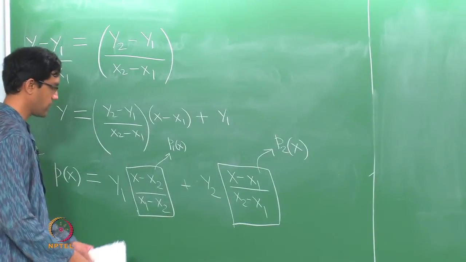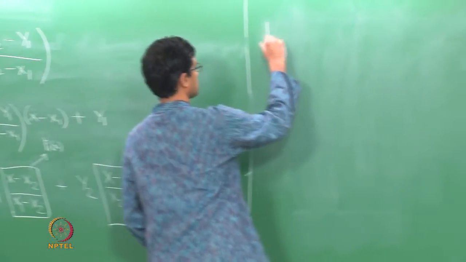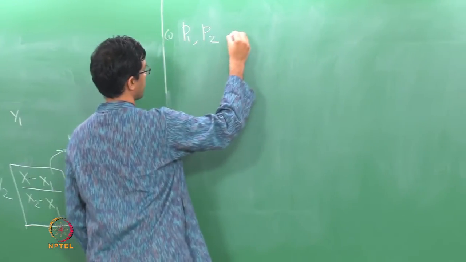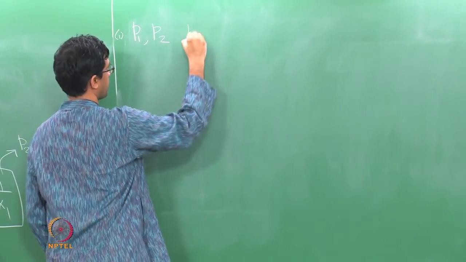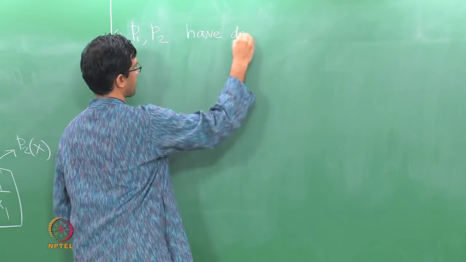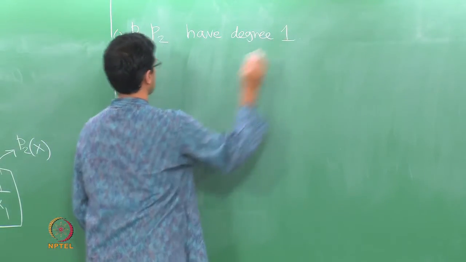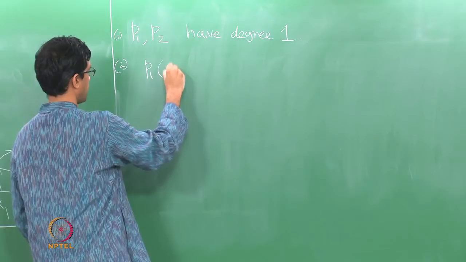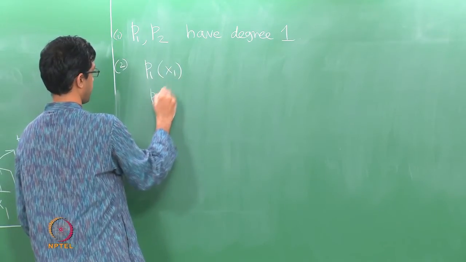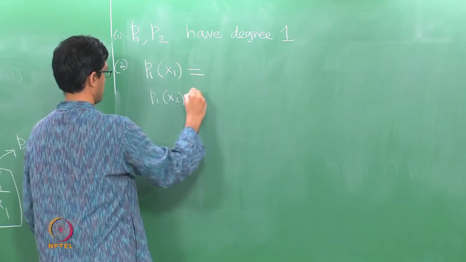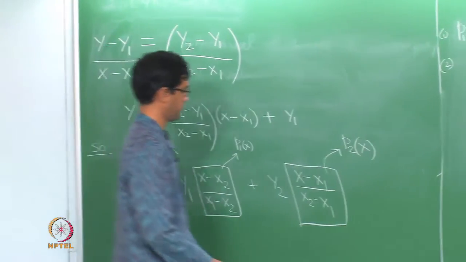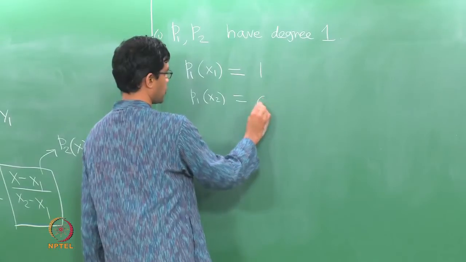So observe that p1 and p2 have the following properties. They are both of degree exactly 1, and they have the following interesting property. If you take p1 and evaluate it at x1 and x2, if you put x1 for x, then what you get is just 1, whereas if you put x2 you get a 0.